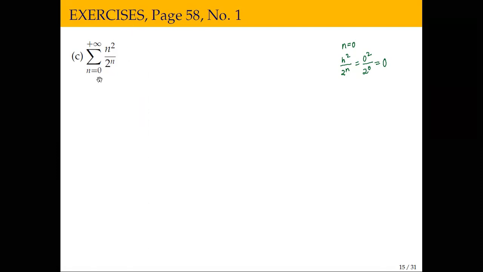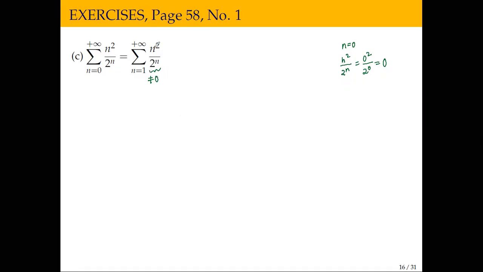So instead of starting with n equals 0, we can start with n equals 1 instead. Now, if you look at this term, this is non-zero for all n starting from 1.